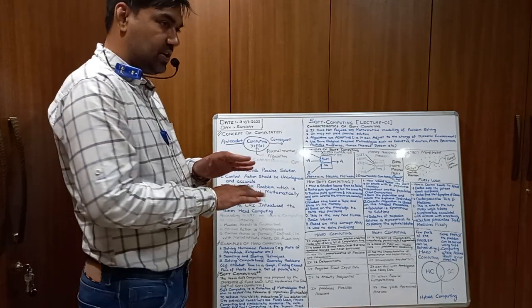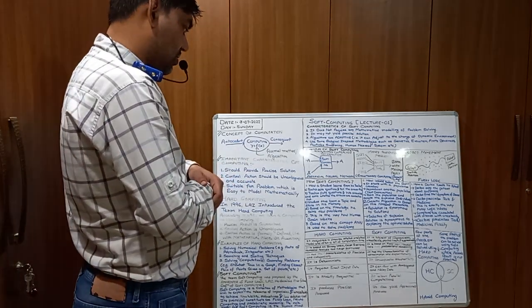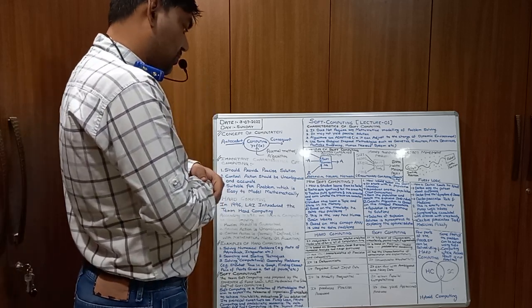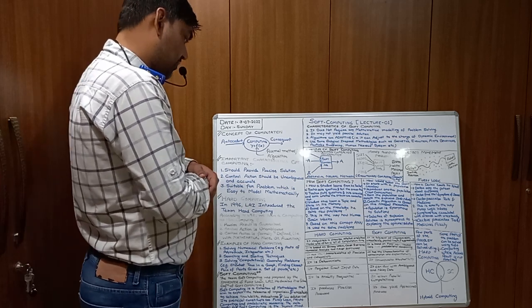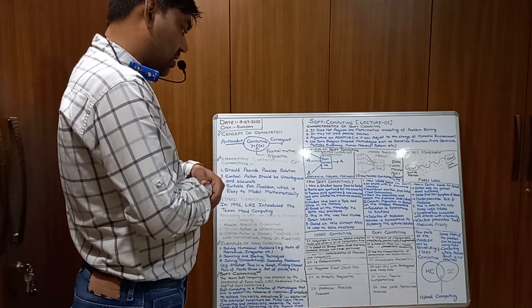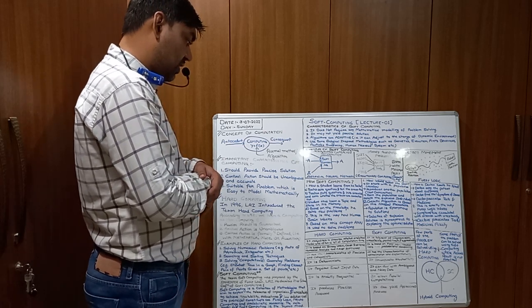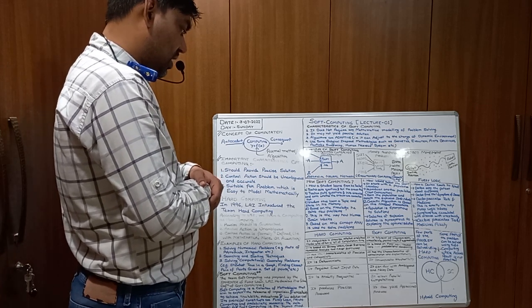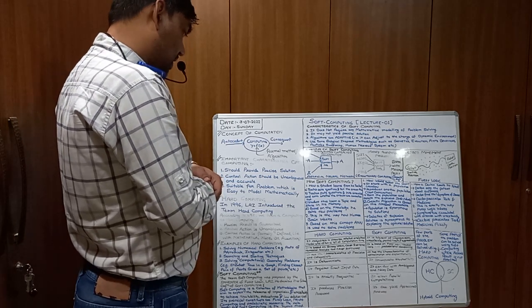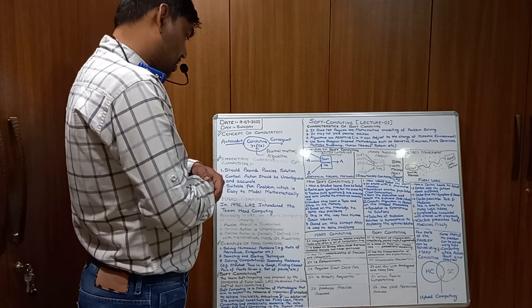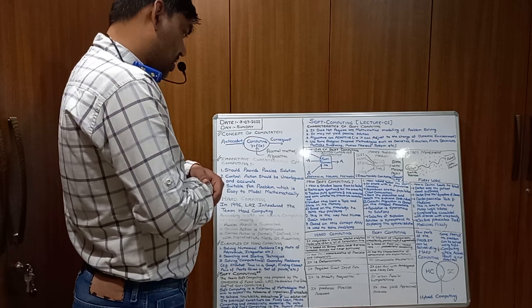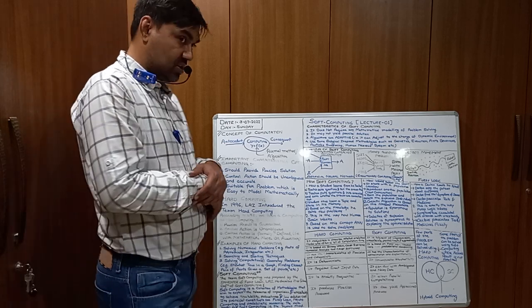So I'll first read out the definition of soft computing according to Laz. Soft computing is a collection of methodologies that aim to exploit the tolerance of imprecision and uncertainty to achieve tractability, robustness, and low solution cost. Its principal constituents are fuzzy logic, neurocomputing, and probabilistic reasoning. The role model for soft computing is the human mind.